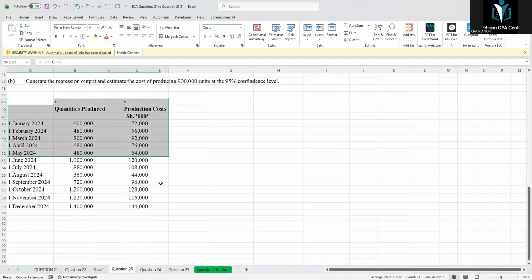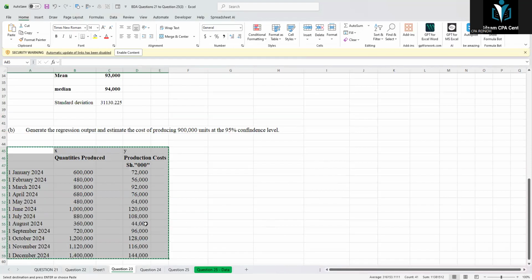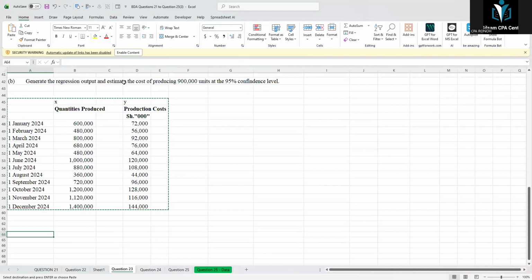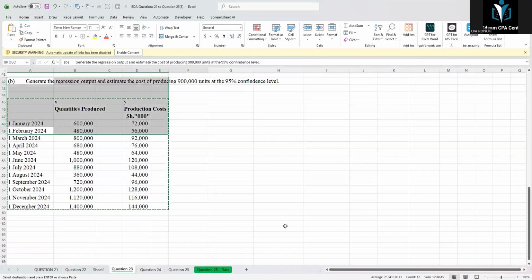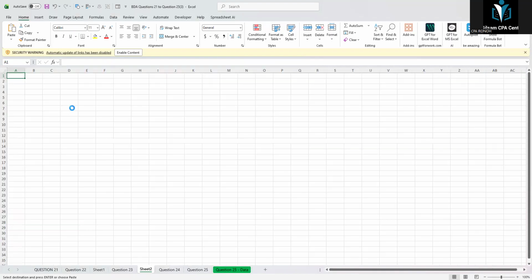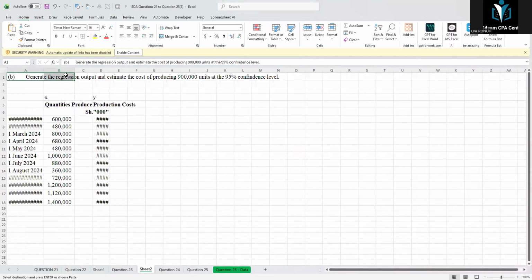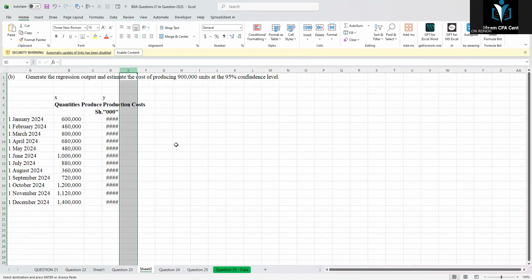So with this question, this is question 23: generate the regression and estimate the cost of producing 900,000 units at the confidence level of 95%. So before we generate that one for regression analysis, can we get the high-low method first?